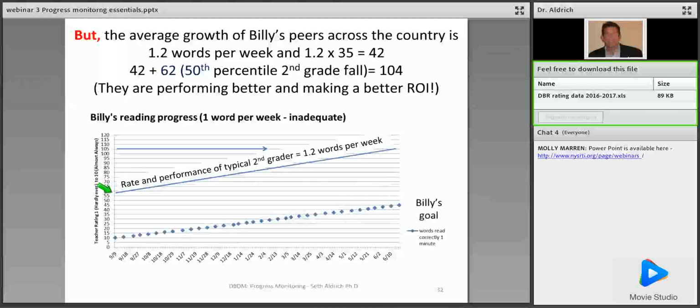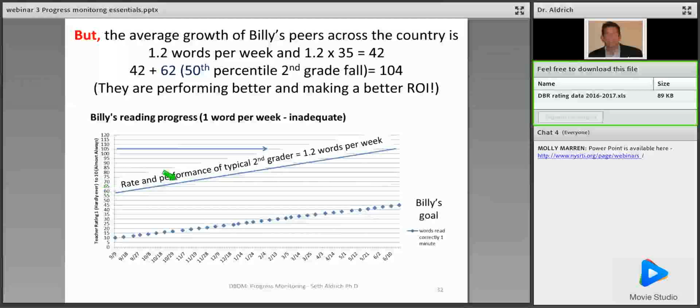And they're performing above Billy, and they're progressing faster on average, just according to the norms that we know what average second graders make. And a lot of these tools, again, STAR, FastBridge, AimsWeb, other tools are developing these norms for progress. And so we see this rate there.